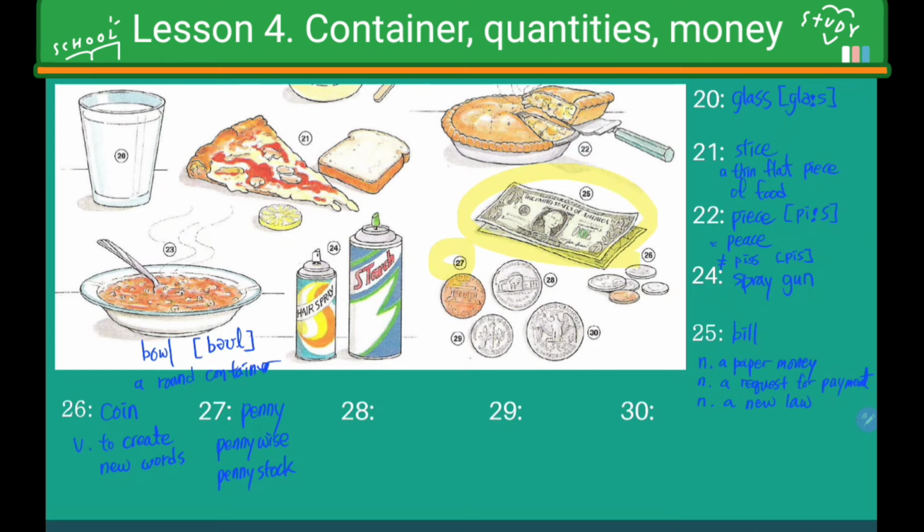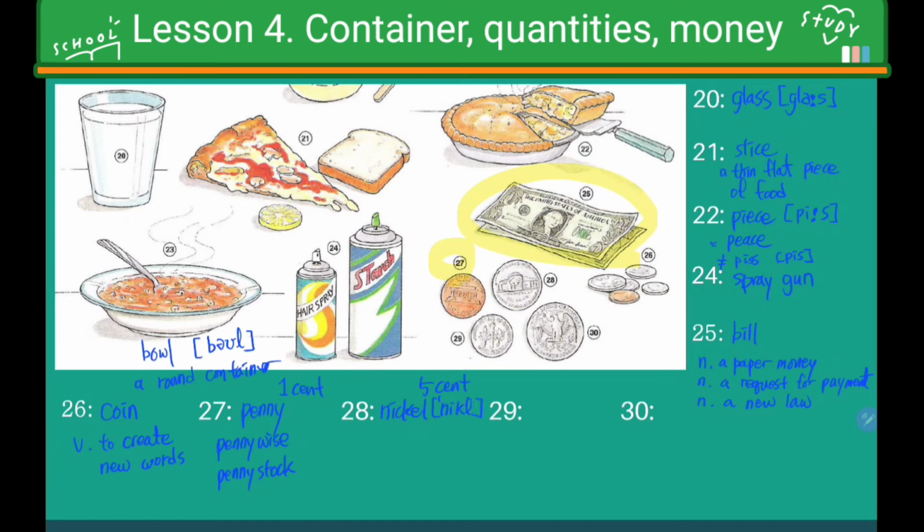And number 28 is the 5 cent. Also, the penny is 1 cent. And number 28 is nickel. And that is 5 cent. And the pronunciation is N-I-C-K-E-L. So it's nickel. And the stress is on the first syllable. Nickel.